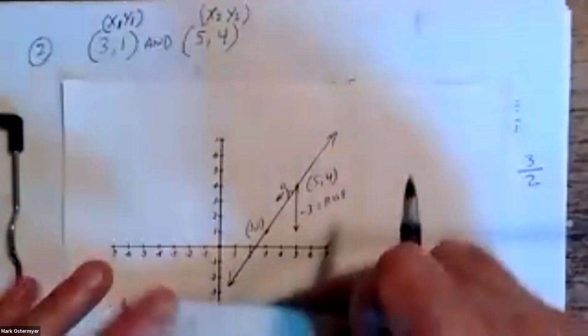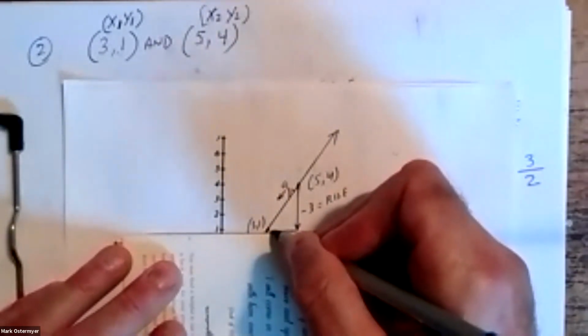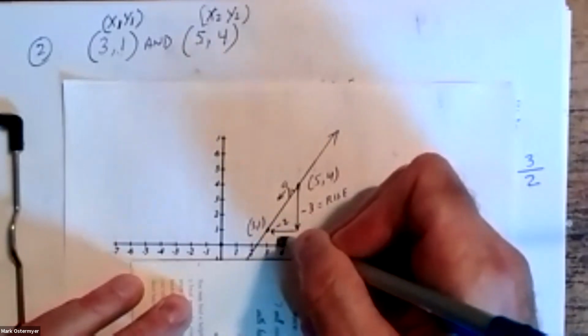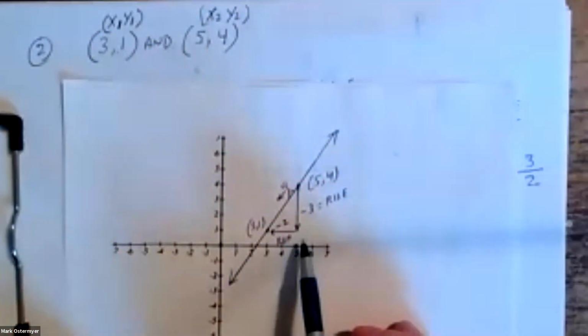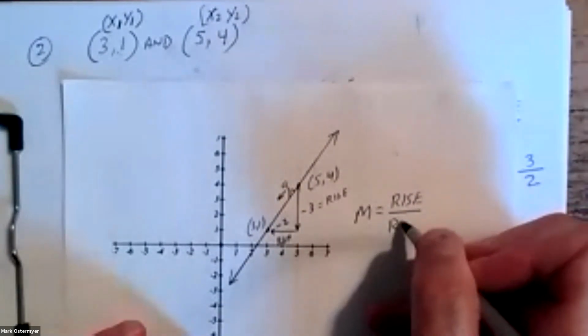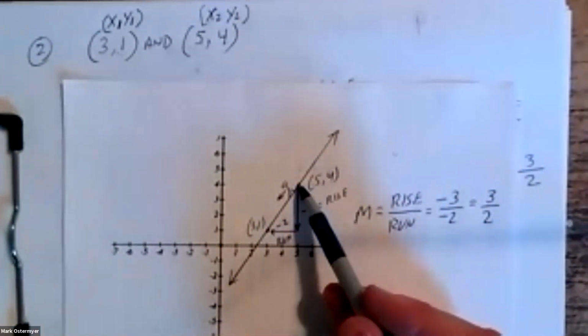But the run, since we're moving from this point to this point, is not +2 anymore, but -2, because you're moving in the negative x direction to the left. So the slope, again, is the ratio of rise to run, and it would be -3 to -2, which is the same thing as +3 halves. And so, ladies and gentlemen, you get the same slope whether you walk from (3, 1) up to (5, 4) or (5, 4) down to (3, 1). Same slope is computed.